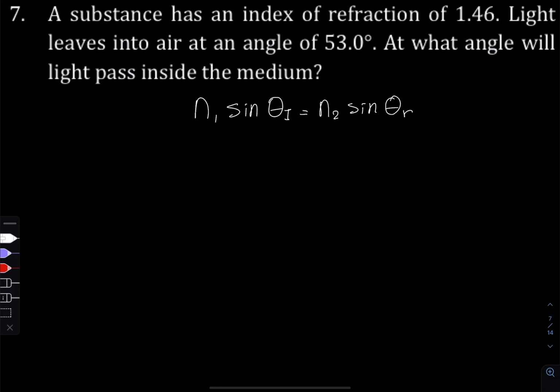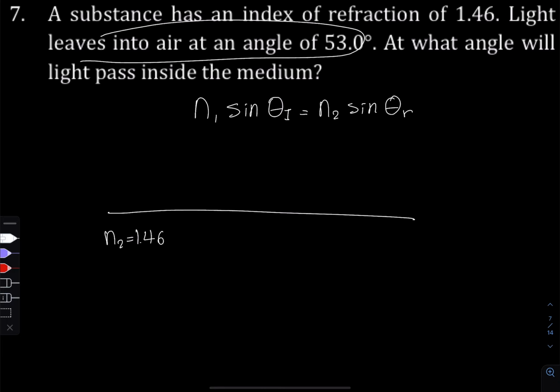Okay. So we have a situation where the substance has an index of refraction of 1.46. So the substance that is entering has 1.46. Light leaves into air at an angle of 53. So light is starting in air, and air again is always 1 for the index of refraction. So we have our little interface between the two mediums, and we have the normal line really.